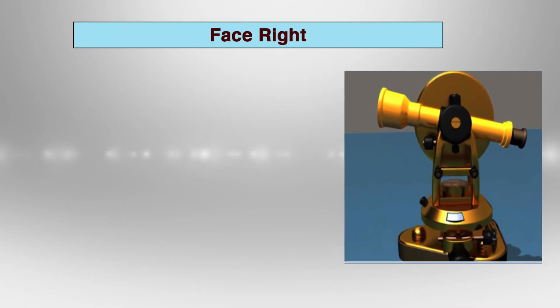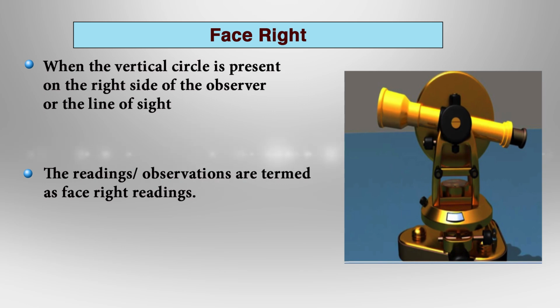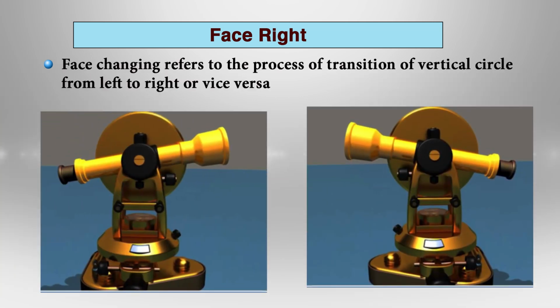Similarly, face right: when the vertical circle is present on the right side of the observer, it is known as face right, and the observations are termed face right observations. The technical term face changing refers to the transition of the vertical circle from left to right or vice versa.